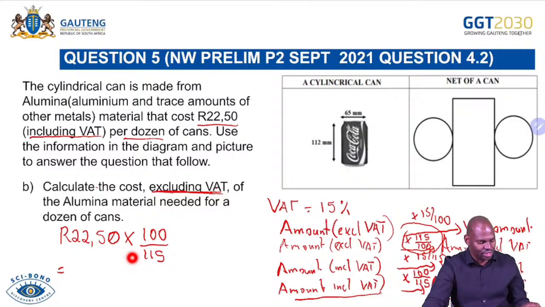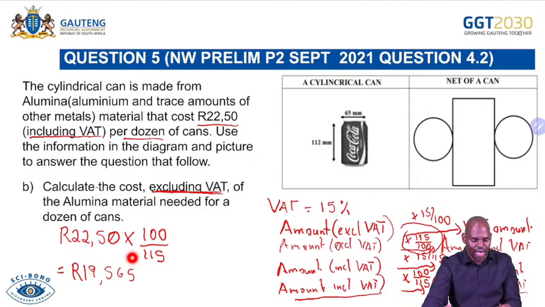So the answer is 19.565 and so on. 19.56521739 is what I get. But remember, when we calculate a value of money, even if the examiner doesn't specify, we should always round off to 2 decimal places.